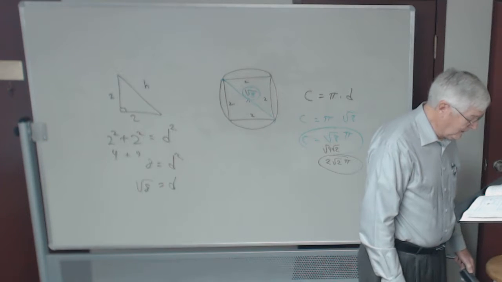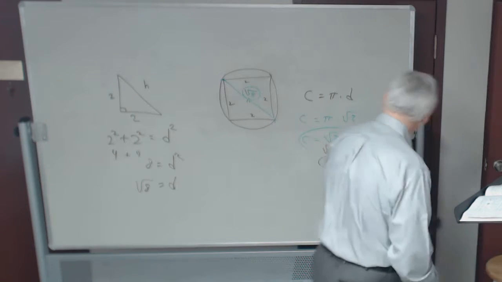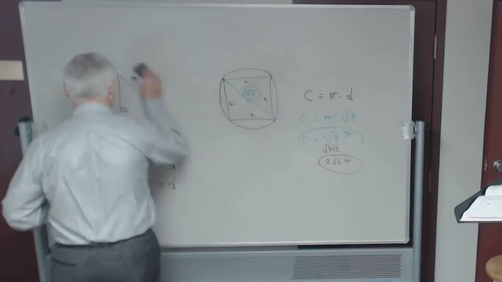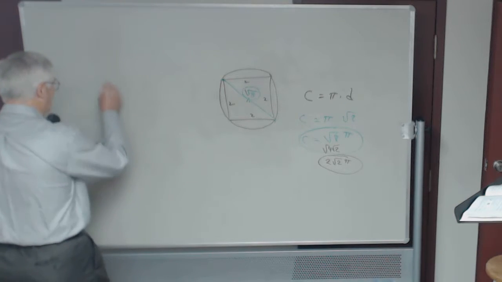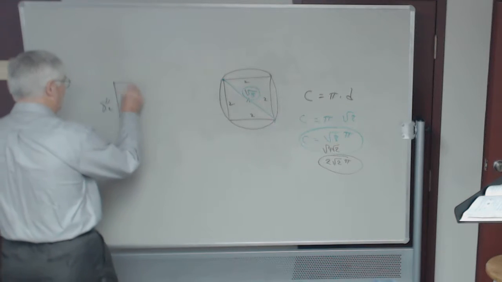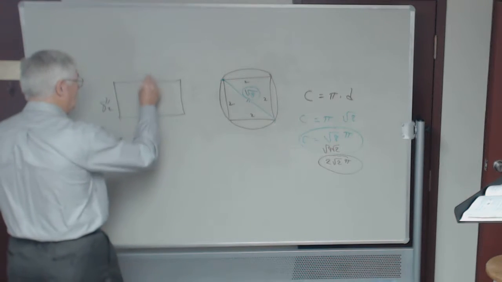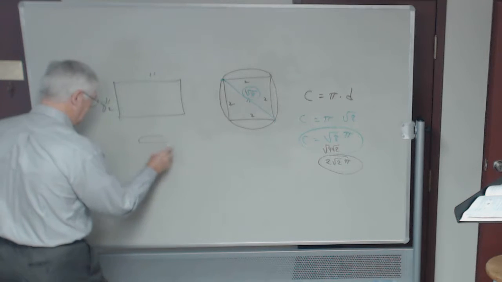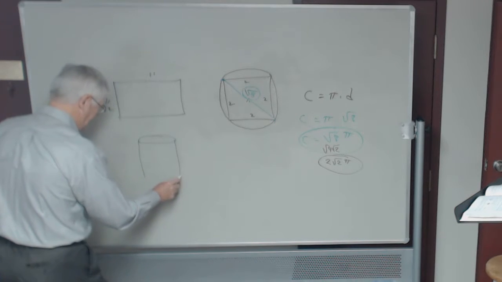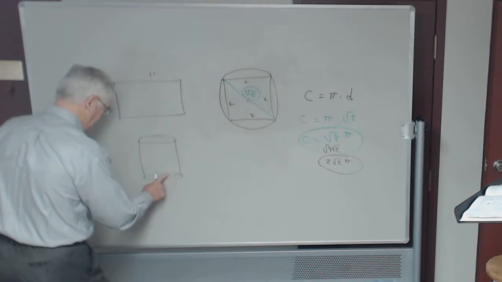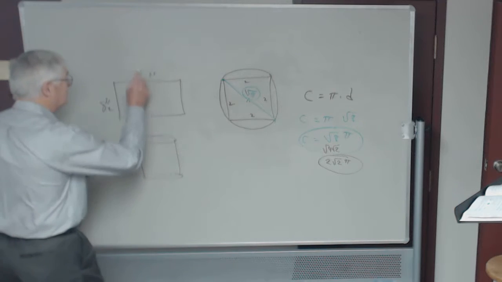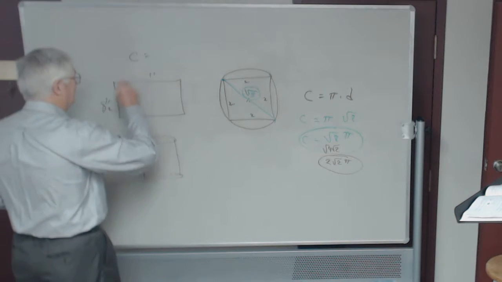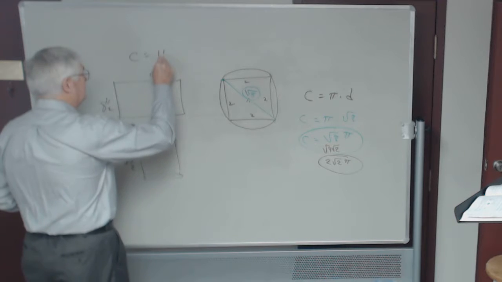Number 12. If you rolled up an 8.5 by 11 sheet of paper into the largest possible cylinder that's 8.5 high. Okay. If it's 8.5 high, then I have a sheet of paper that's 8.5 by 11, and I roll it up like this. Right? And this is the 8.5, and the circumference of this circle is 11.